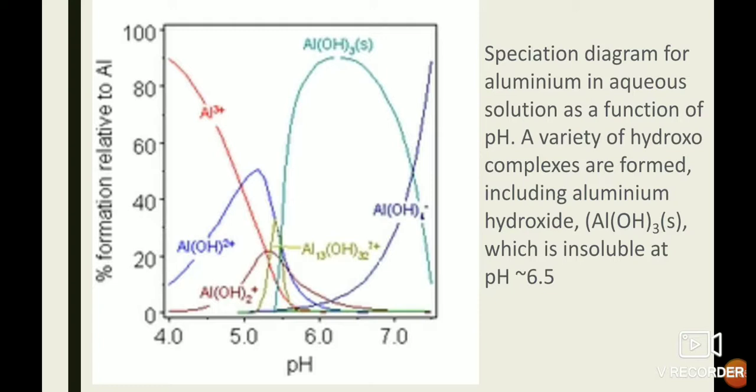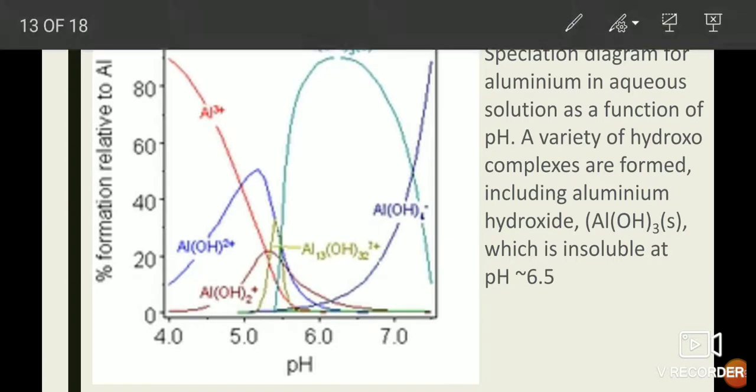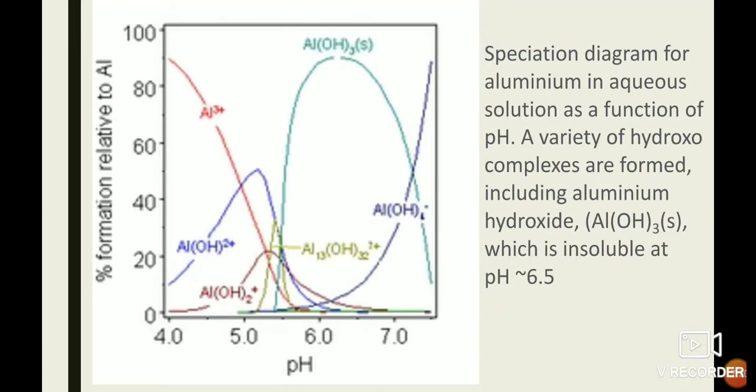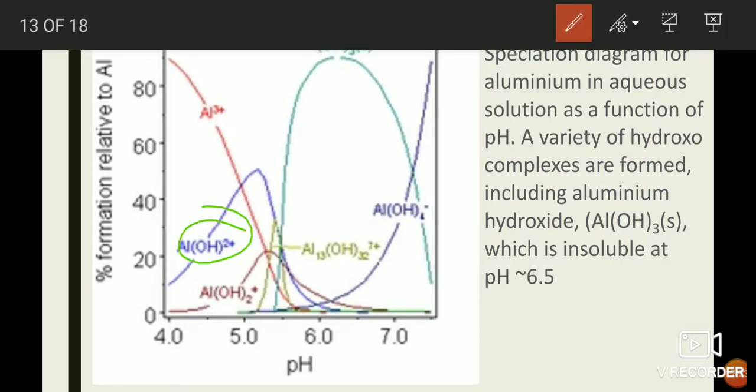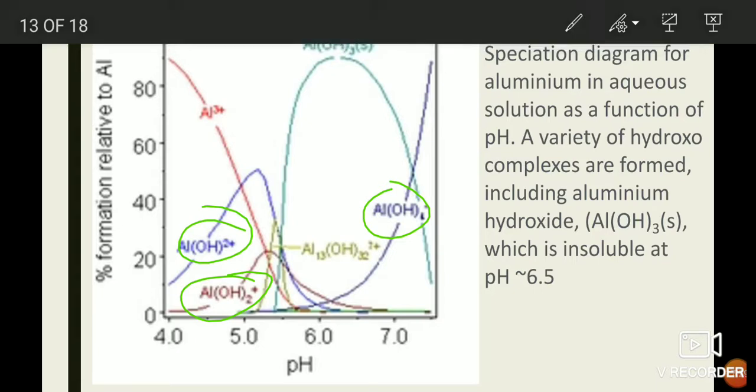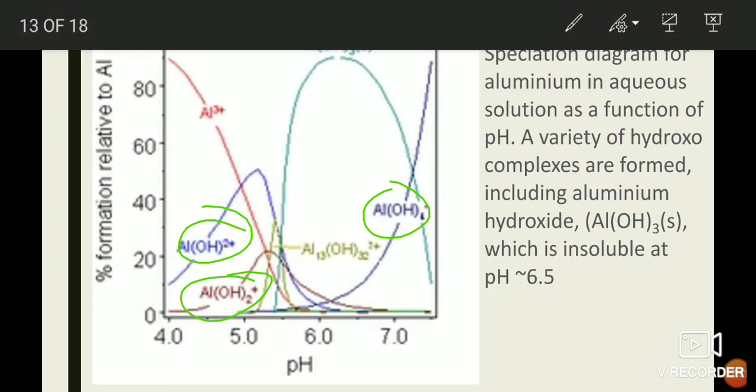A variety of hydroxy complexes form with aluminium, including aluminium trihydroxide, which is insoluble at pH 6.5. Some examples are aluminium hydroxide, aluminium dihydroxide, aluminium hydroxide anion, and aluminium trihydroxide.